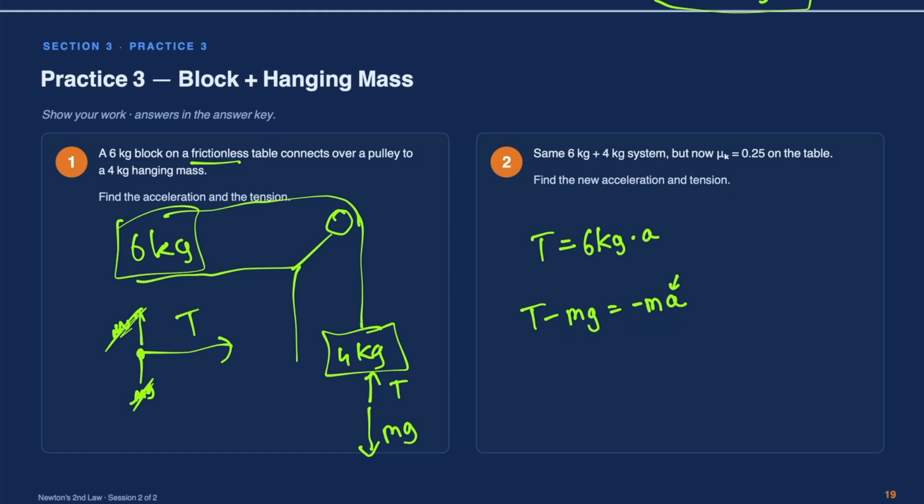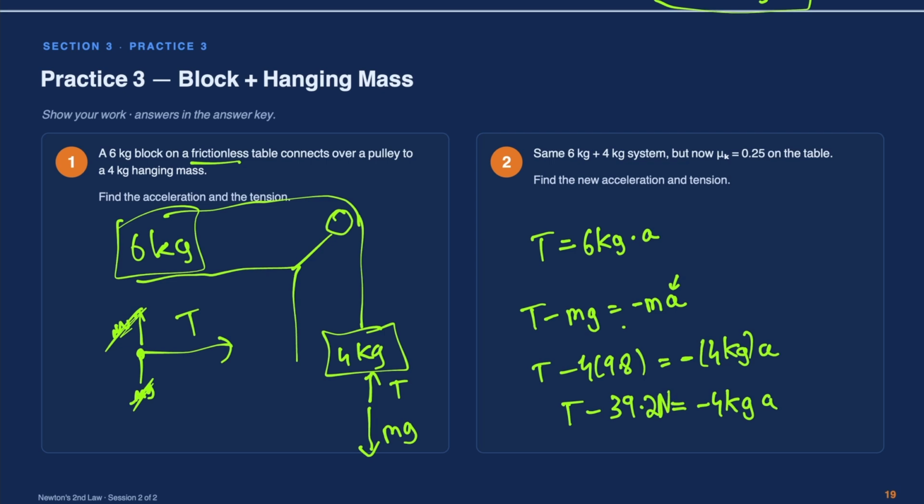So Mg here would be 4 times 9.8, is equal to negative, so same mass here is 4 kg, times acceleration. So tension minus 39.2 is equal to negative 4 kg A. So this would be newtons here.